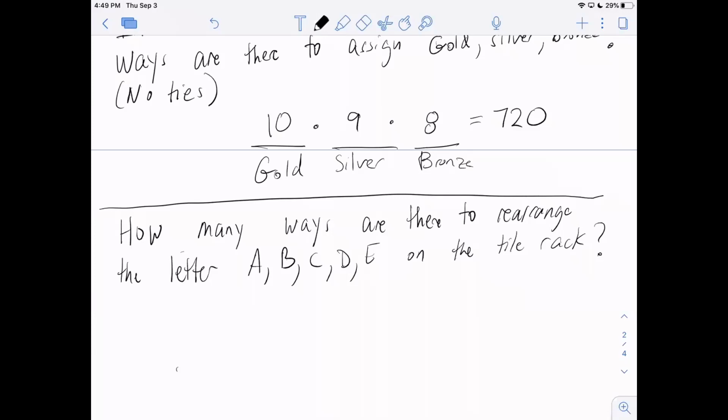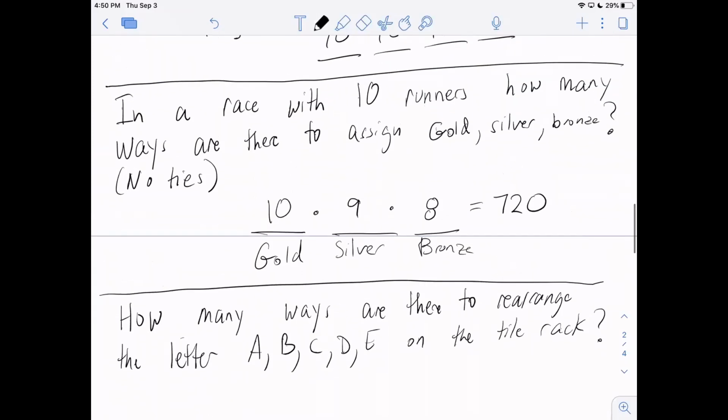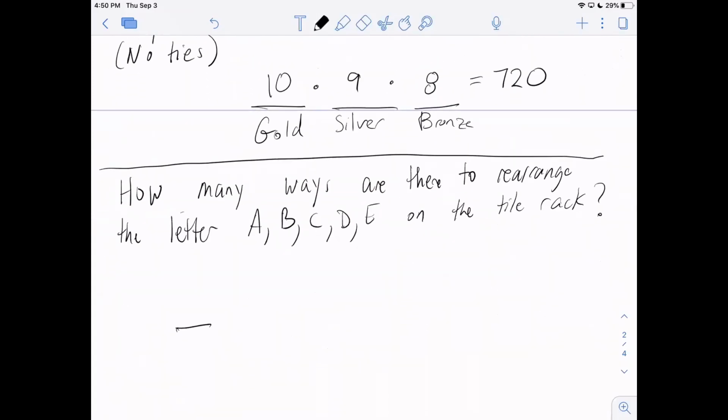Here, you would think of it very similar to the last problem with the race. Instead of gold, silver, bronze, now we have to make a choice for the first letter, the second letter, the third letter, fourth letter, and fifth letter. Just like the race, each time you pick a letter, you can't use it anymore.